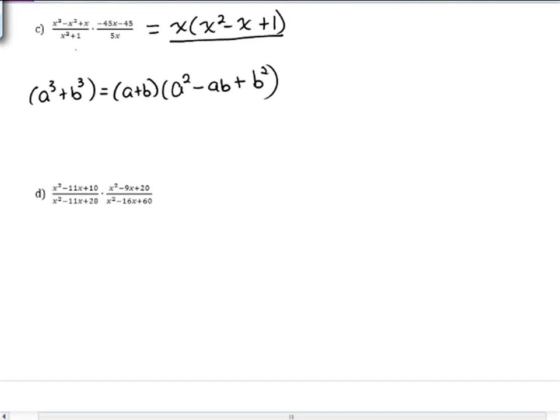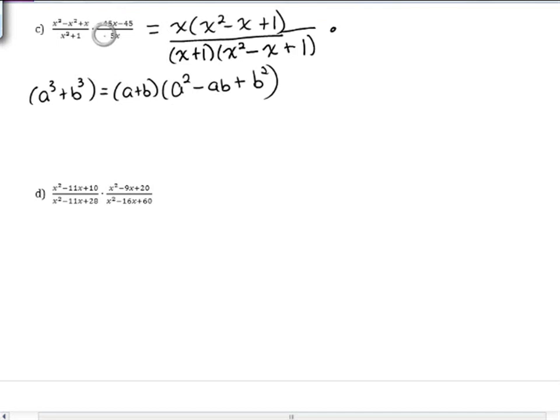Our a is x and our b is 1, so we'll have x plus 1 times the quantity x squared, and then we change to minus, and then we multiply the x times 1, so that's 1x or just x, and then always plus, and it's b squared and 1 squared is 1.